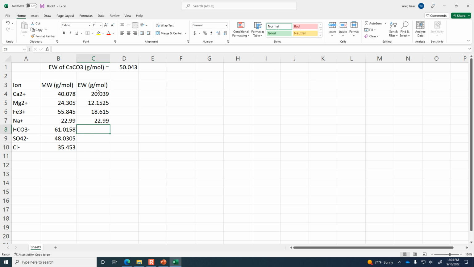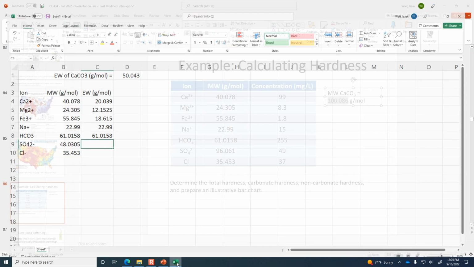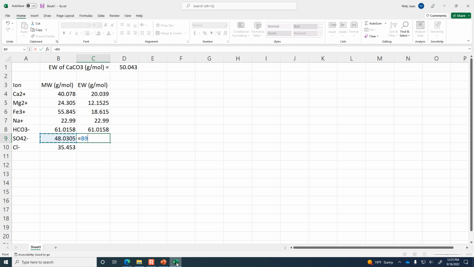Now the HCO3- has a single charge, so it is that. It's not a charge of 3-, it's 3 oxygens, and the anion as a whole has a -1 charge. Sulfate is a -2 charge, so it's going to be this 48 divided by 2, and chloride is a 1 charge. So now we've got the equivalent weight for each one of them as this intermediate column.